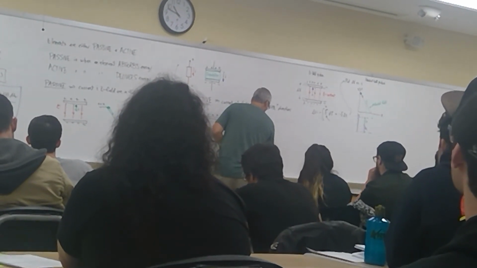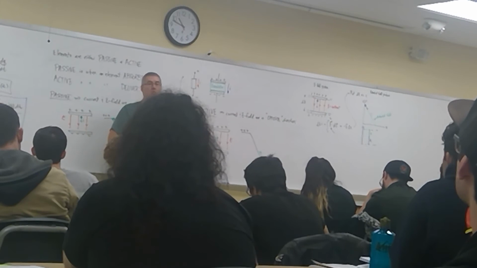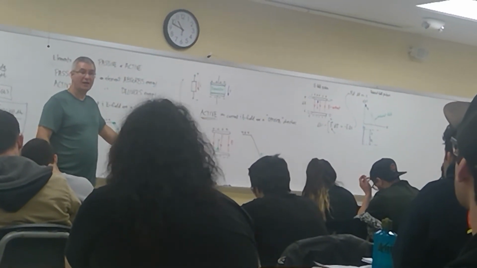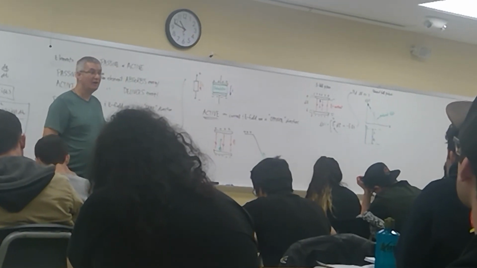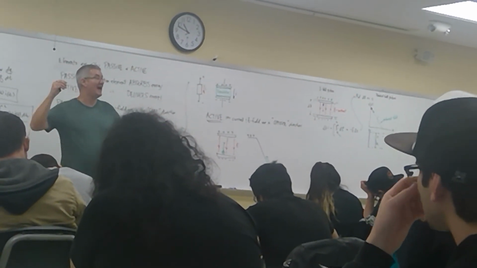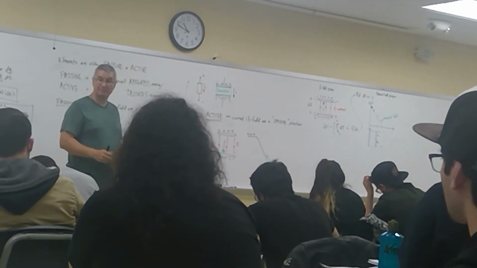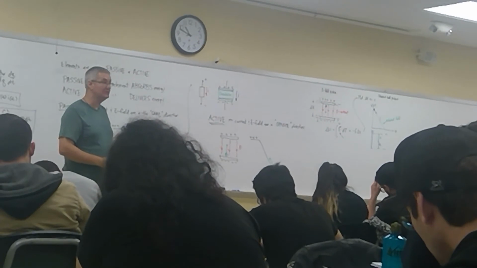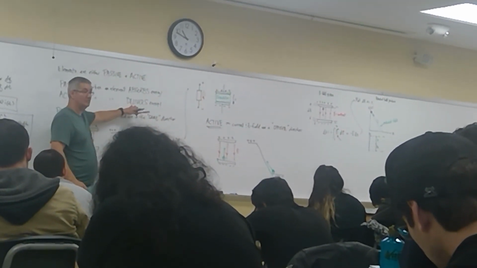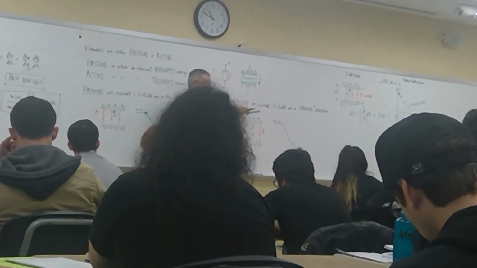You have to do work to get up the incline. And if you do work, what did I do to that charge? I increased its electrical potential energy. In other words, I added energy to the system. And if I add energy to the system, then I must be delivering. And if I'm delivering, it's called active.